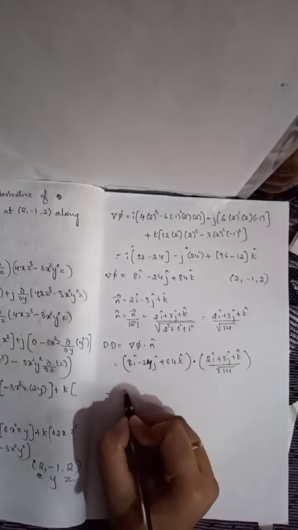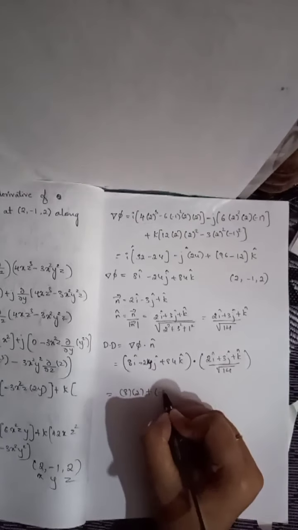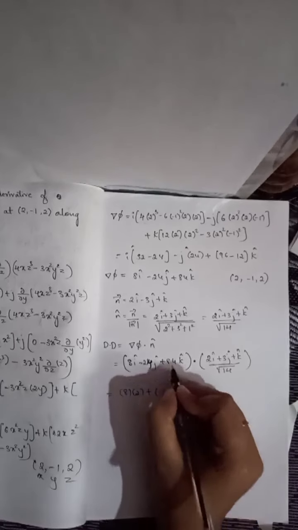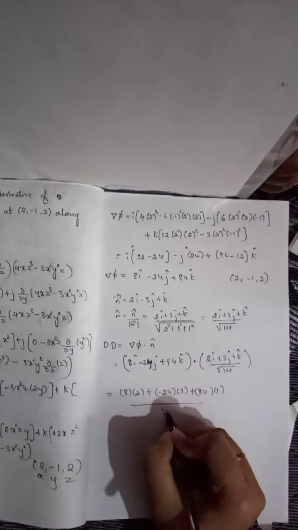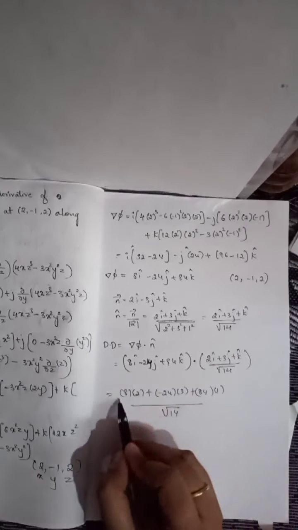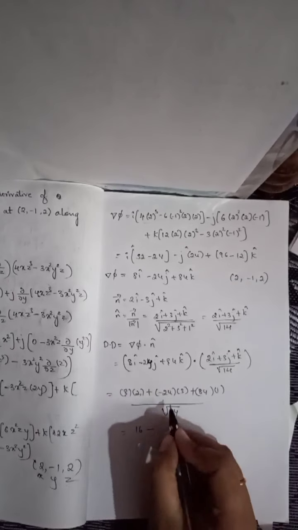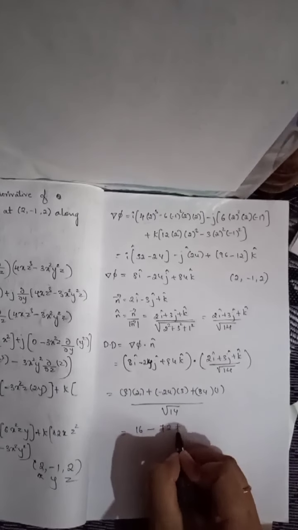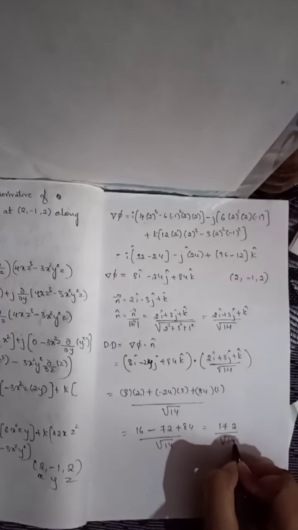That is 8 into 2, plus minus 24 into minus 3, plus 84 into 1, since there is no number with k, divided by root 14. After solving this completely, 8 twos are 16, minus 24 into minus 3 is plus 72, plus 84, divided by root 14. So finally you get the answer 172 by root 14. So this is how you find the directional derivative. Thank you.